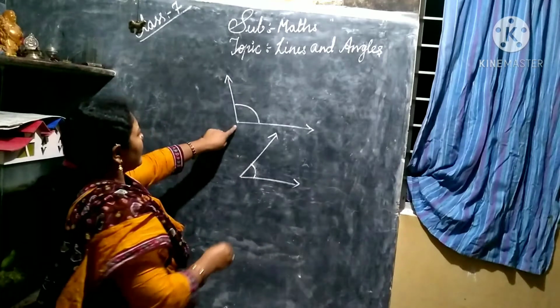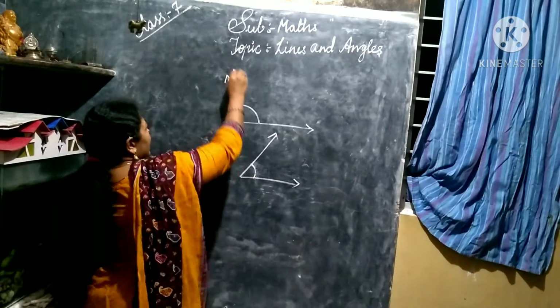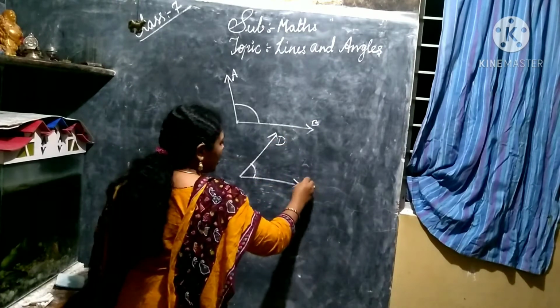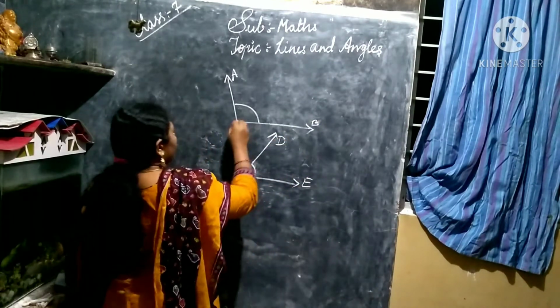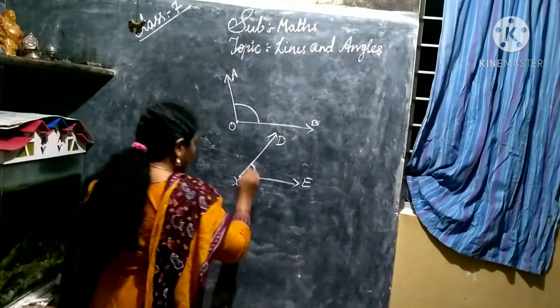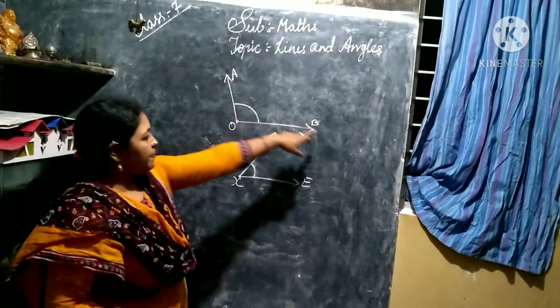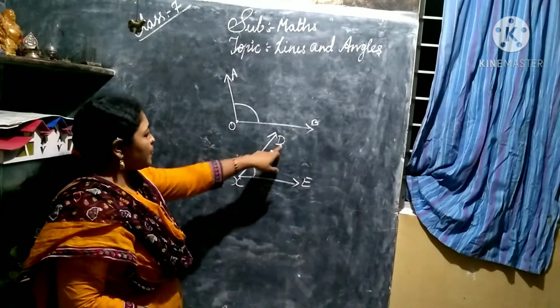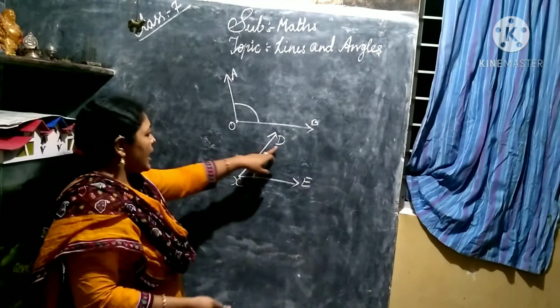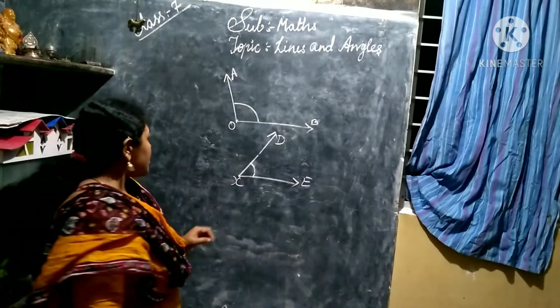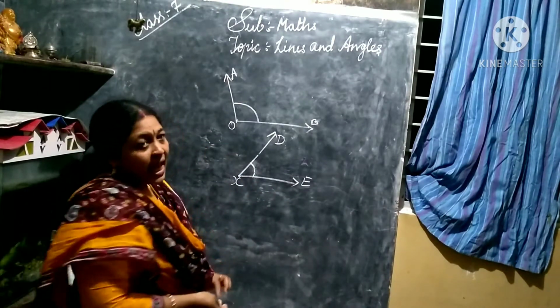So this is a point where line A and line B meet, here where line D and line E meet. So we'll put it here O and we'll put it here X. So this is a point where line A and line B meet, and here in this particular angle, line D and line E meet at X, isn't it?